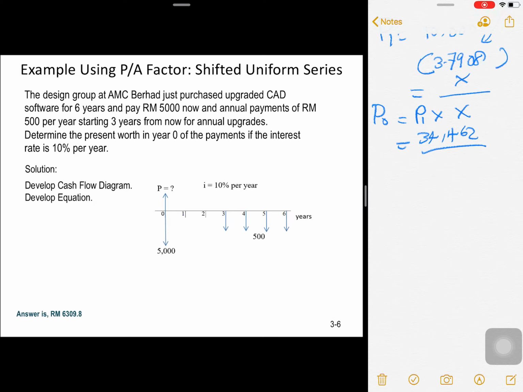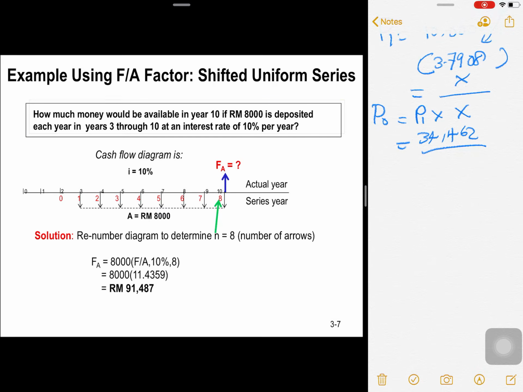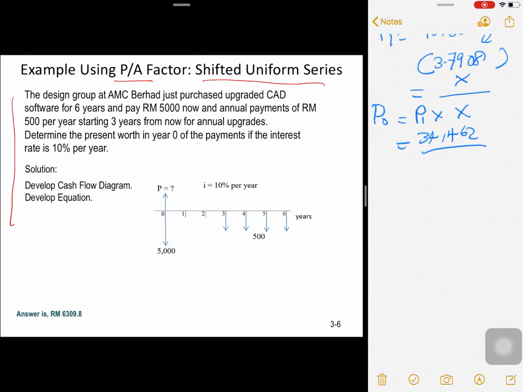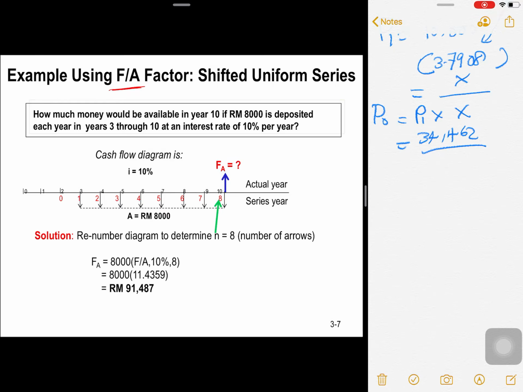Okay. So we have more examples of using the P over A factor, shifted uniform series. You can use the same method and try to solve this problem. So now, you want to move on by using F over A. Previously we used a lot of present worth value.